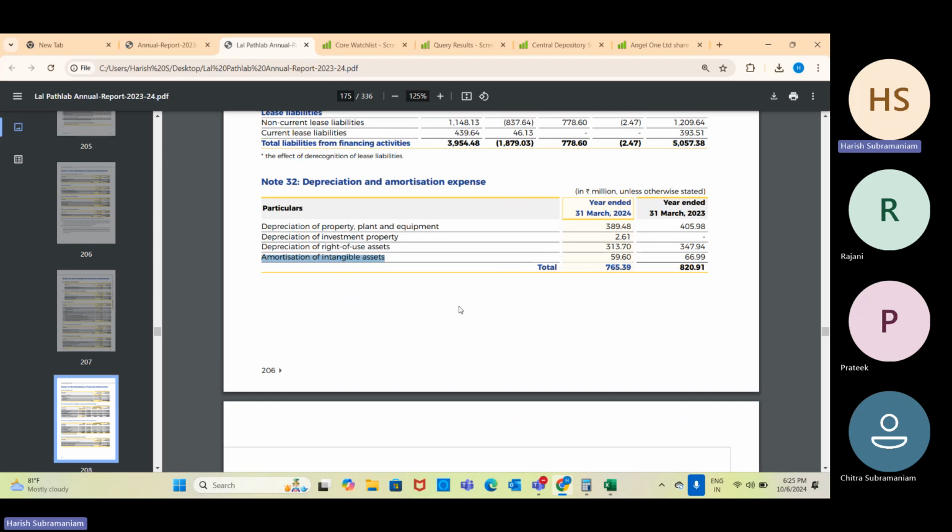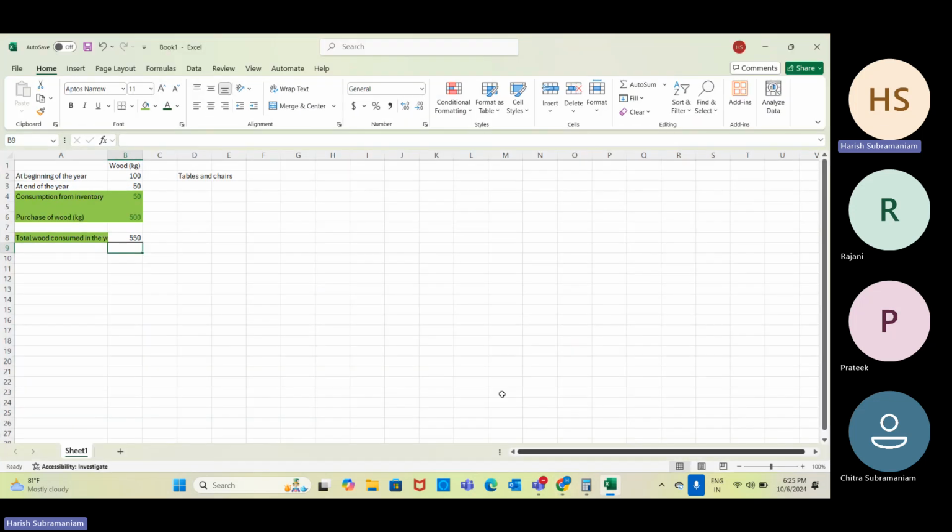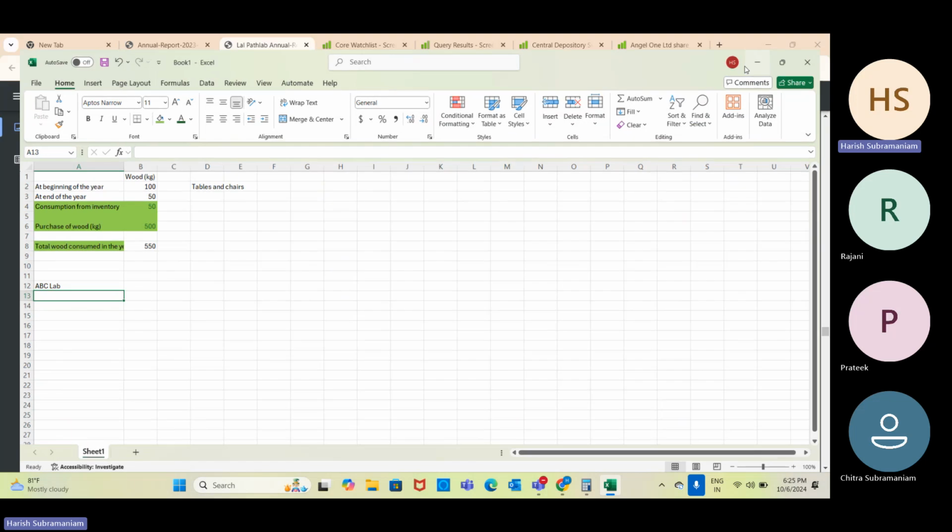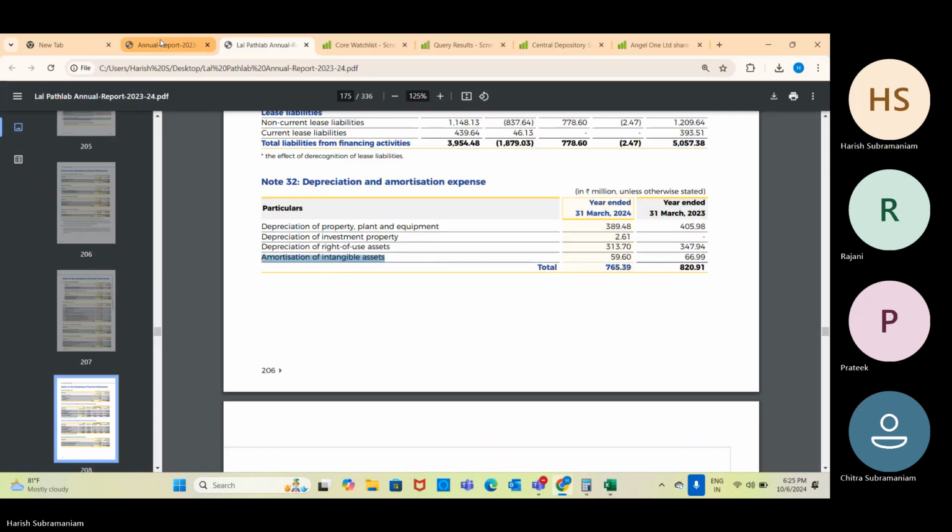So in that 5 year period, the value of that asset, that ABC lab brand name, which will also have a value, they'll calculate that value. That value keeps going down. At the end of year 5, it will become 0. That is called amortization.